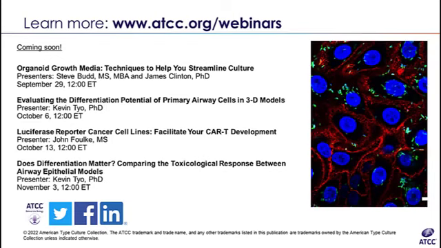So most ATCC formulated basal media will contain 1.5 grams per liter of sodium bicarbonate, and that's going to be optimized for 5% carbon dioxide. When using alternate media formulations like from Gibco or from Sigma, most of those are going to be formulated with 3.7 grams per liter of sodium bicarbonate.